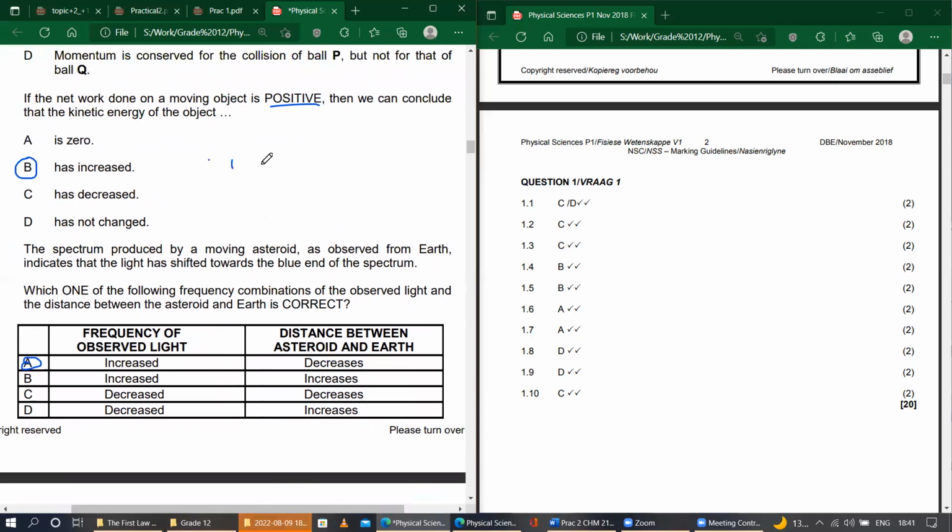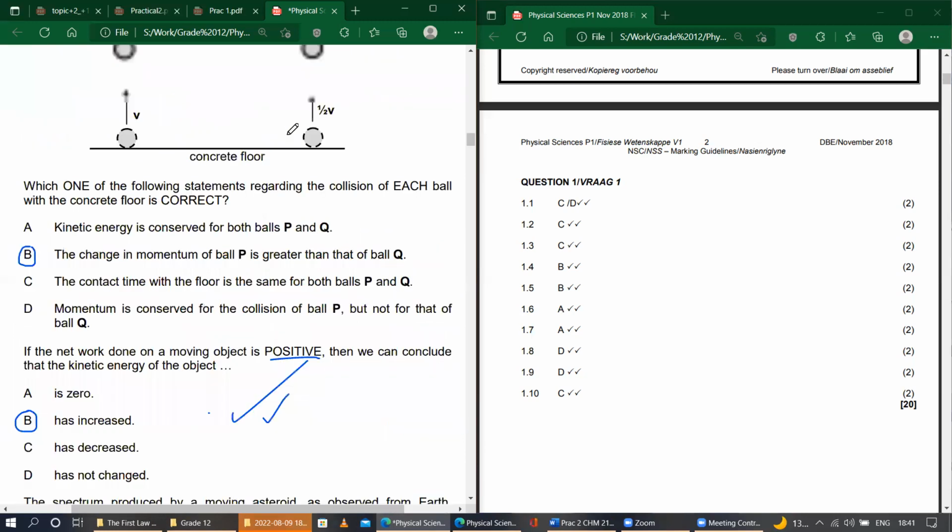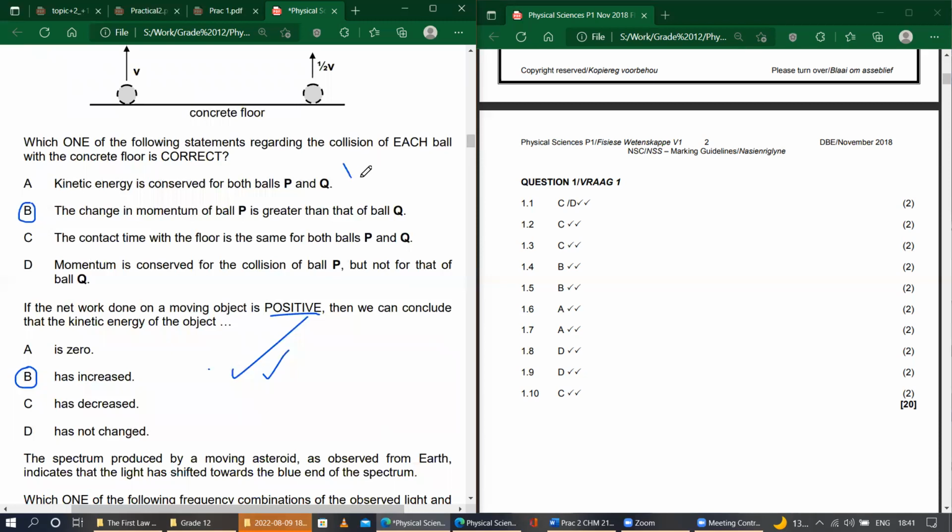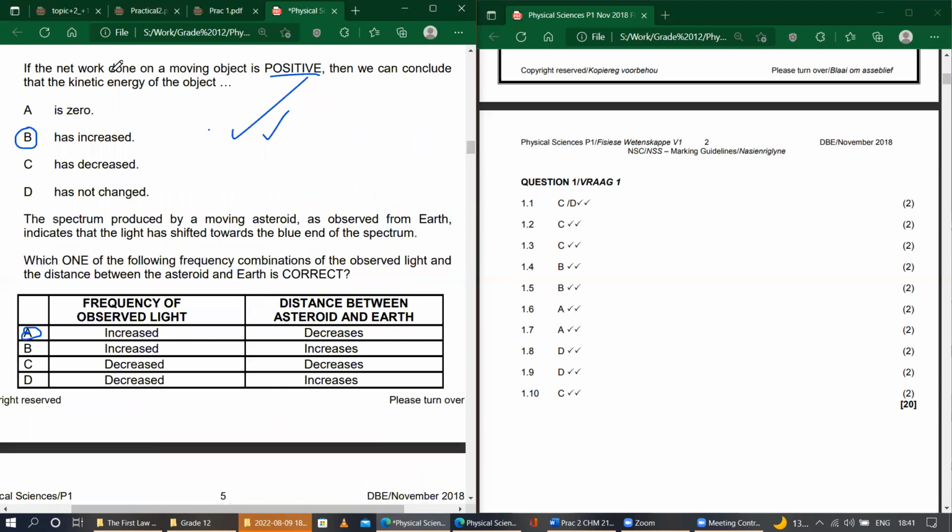We know that the kinetic energy of the object has increased because the work done is positive. So that means the change in kinetic energy is also positive.